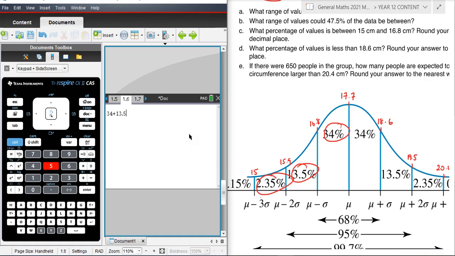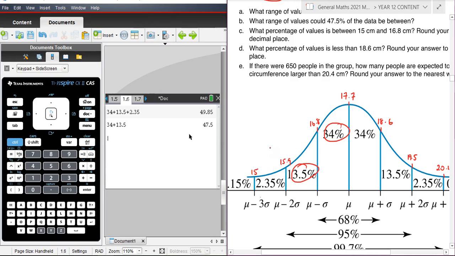So 13.5 plus 2.35. A little bit too much. I'm looking for 47.5, so I might get rid of the 2.35. And there you can see that possibly 47.5% of your data could lie in between these two values here.